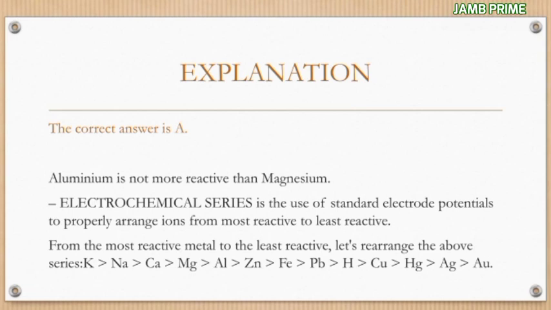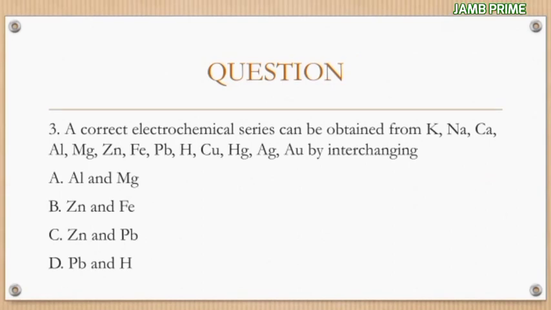So in the series they gave you, from aluminium, magnesium, zinc, iron, you would have tin, but there was no tin there.